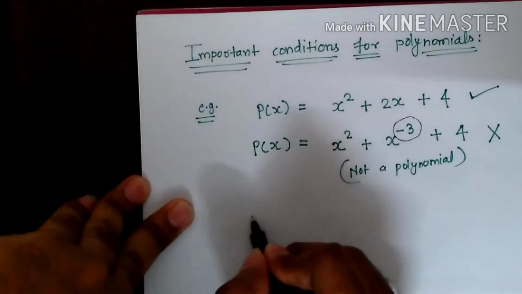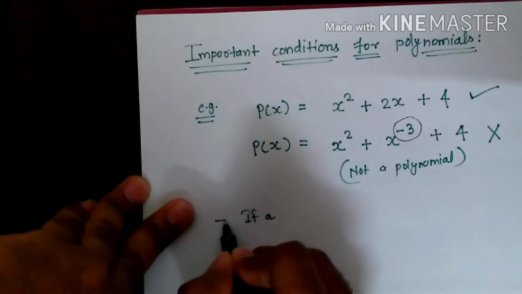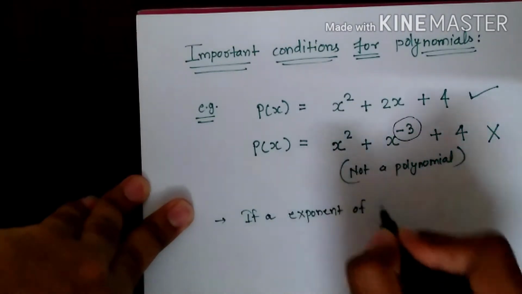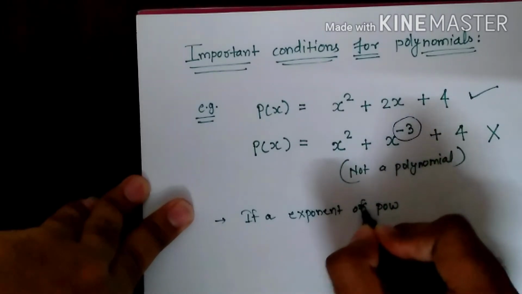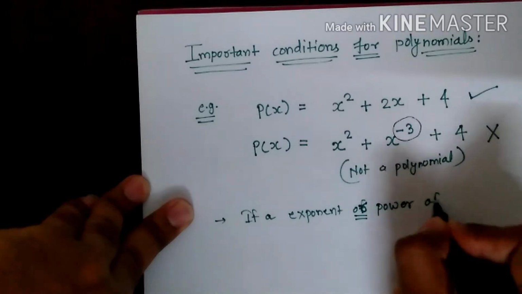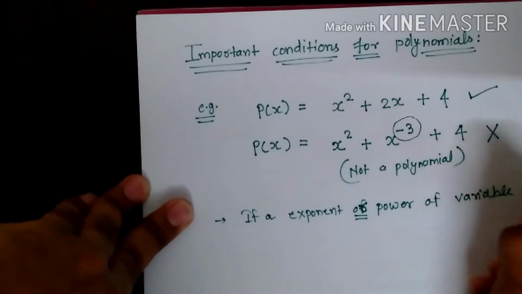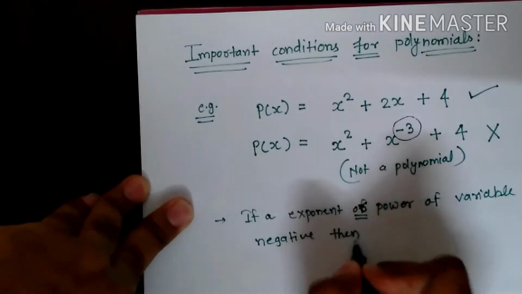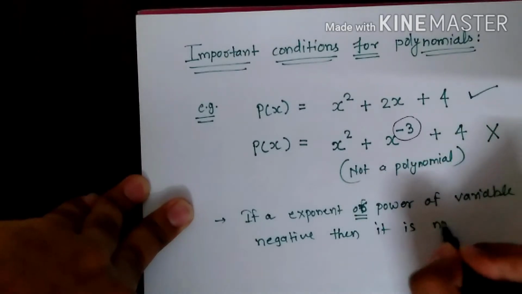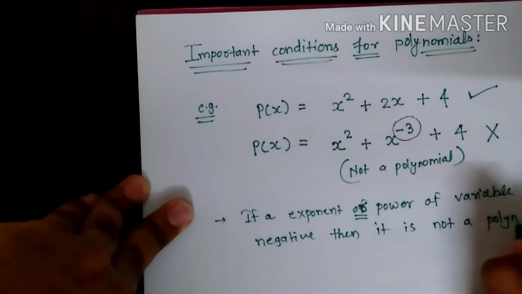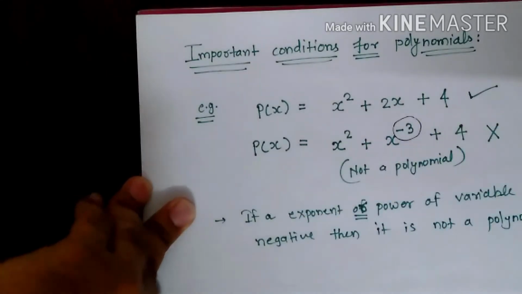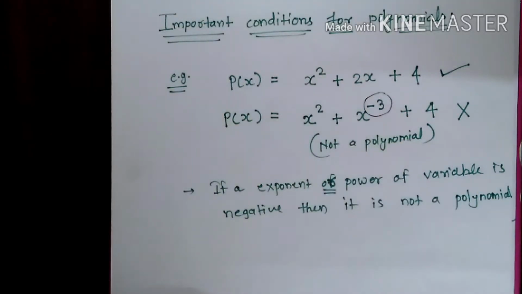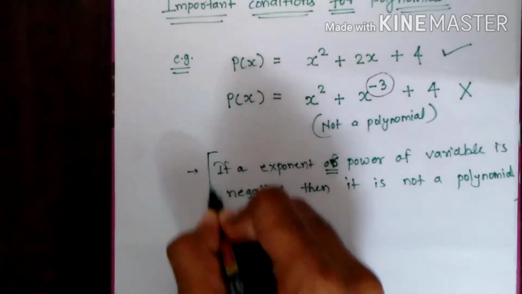If the exponent or power of a variable is negative, then it is not a polynomial. Is it clear? Note this term.